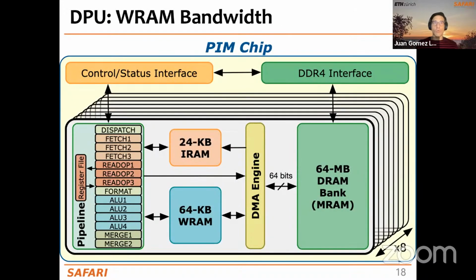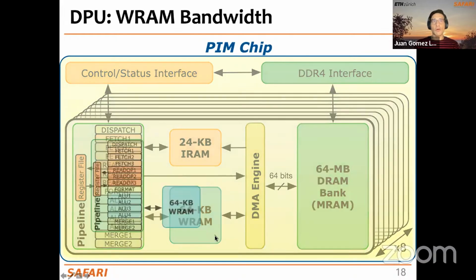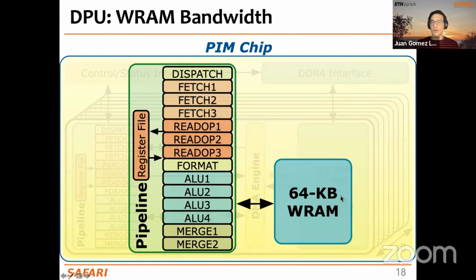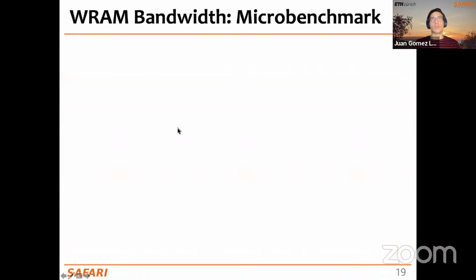Okay, now we know the maximum throughput that we can achieve in this pipeline for different types of instructions and data types. Now let's see how fast we can access data from this WRAM, either reading or writing data that is going to be used in this pipeline to perform the arithmetic operations.